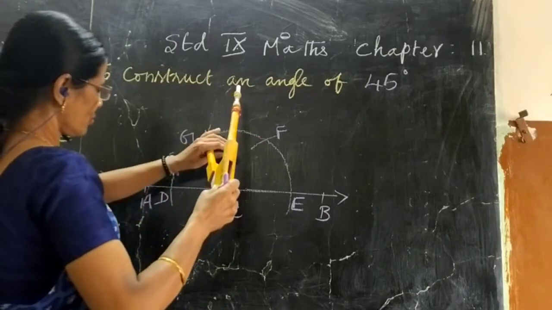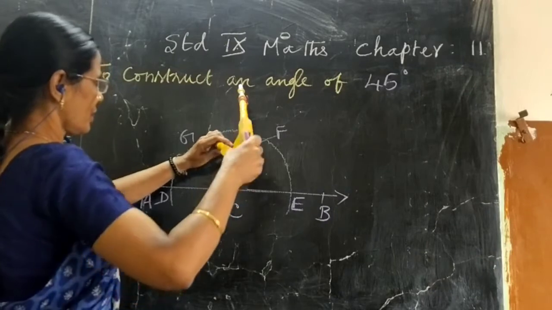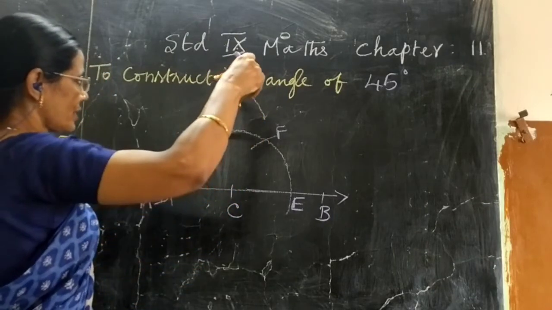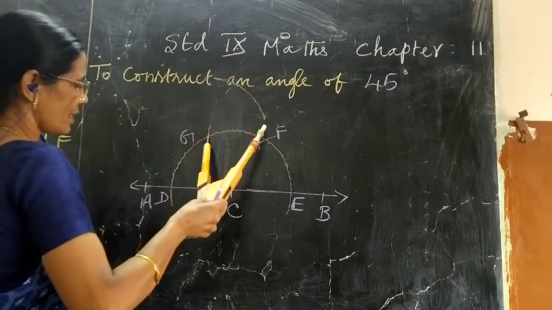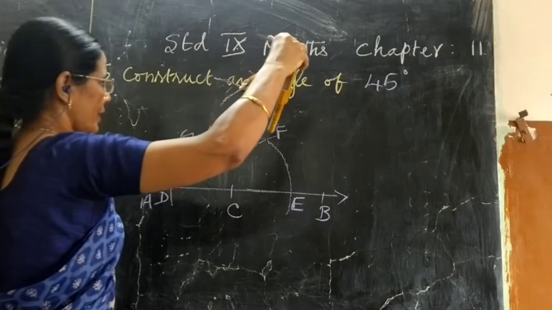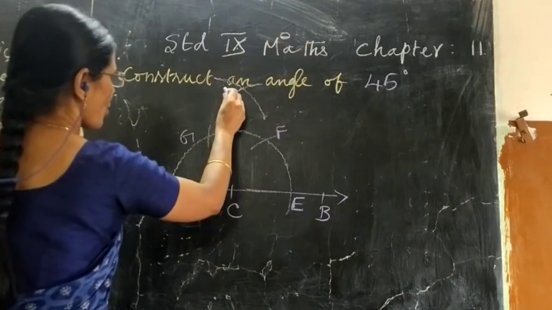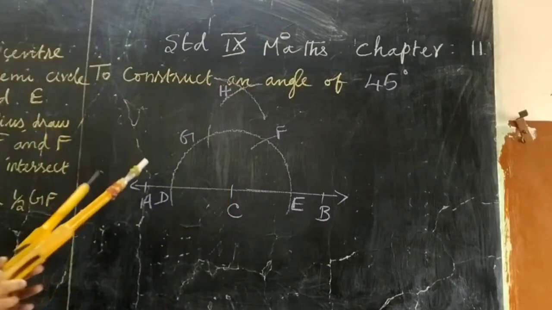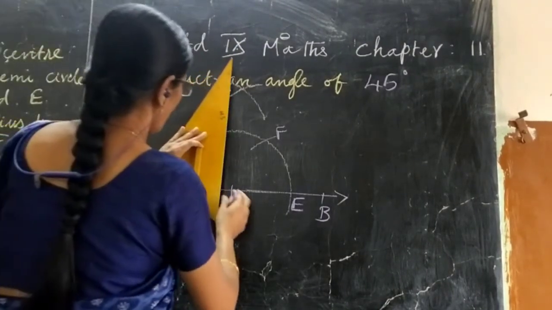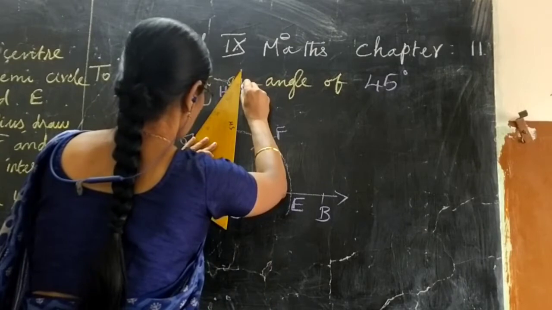Now we are going to draw two arcs from G and F to intersect. So G center, the same radius or any radius more than half of GF. Right. So we got the point here H. If I draw a ray through C and H, we will get 90 degree.